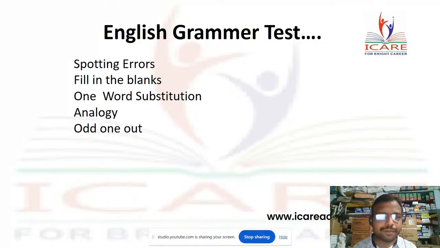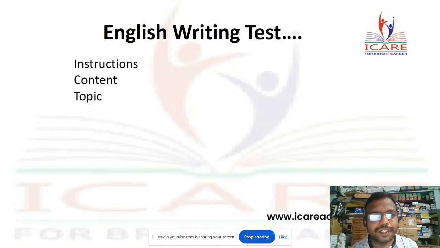So these are some sample questions, especially in the number series test. In English grammar: spotting errors, fill in the blanks, analogy, odd one out are most important. While writing the essay section, you have to follow the instructions given by our training team.